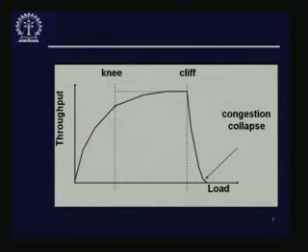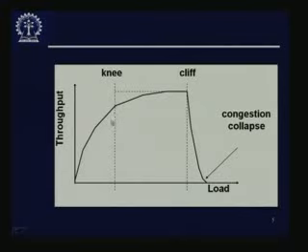Now, if you plot the throughput of a network versus the load, we have seen such throughput versus load curves earlier with Aloha networks and CSMA/CD. In general, as load increases, throughput keeps increasing, first at the same rate, and then it starts to slow down because of intermediate delays and other bottlenecks.